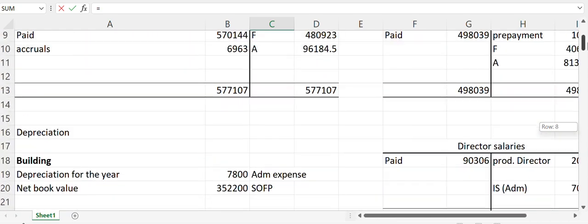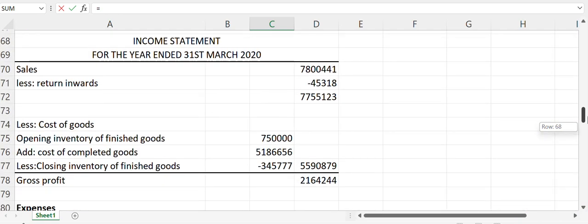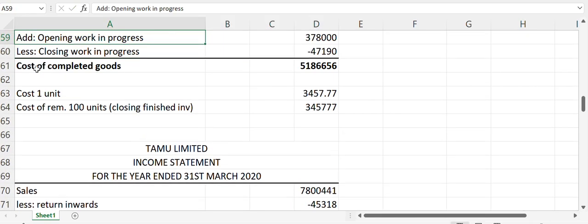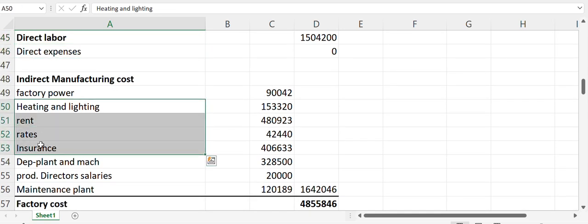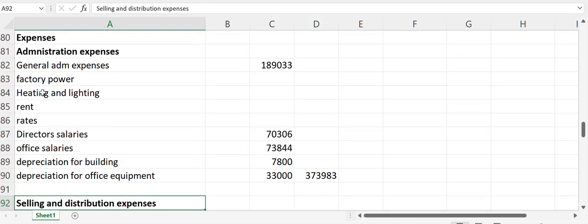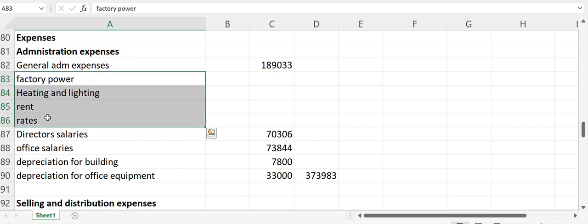So for factory power, oh, I took the wrong items. Let me go back. Supposed to be to start with heating and lighting, rent. Oh yeah, these ones. I picked the wrong items.